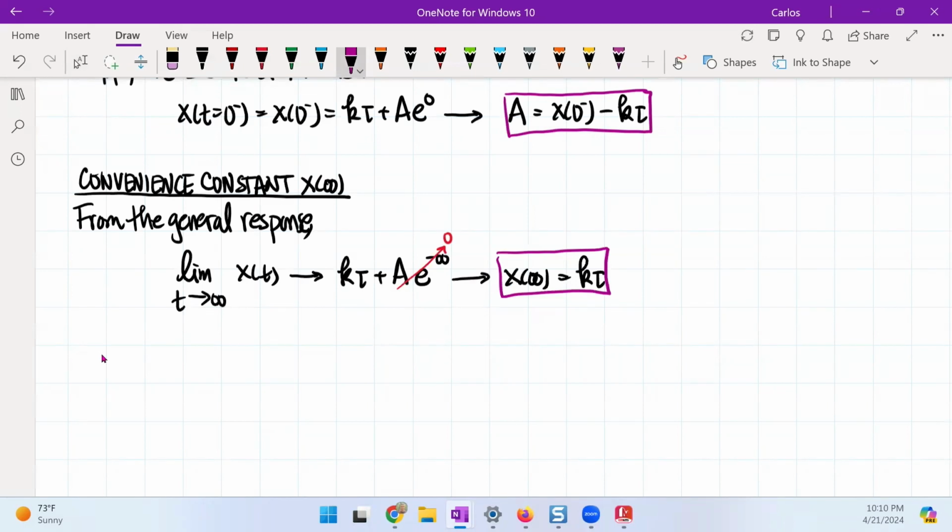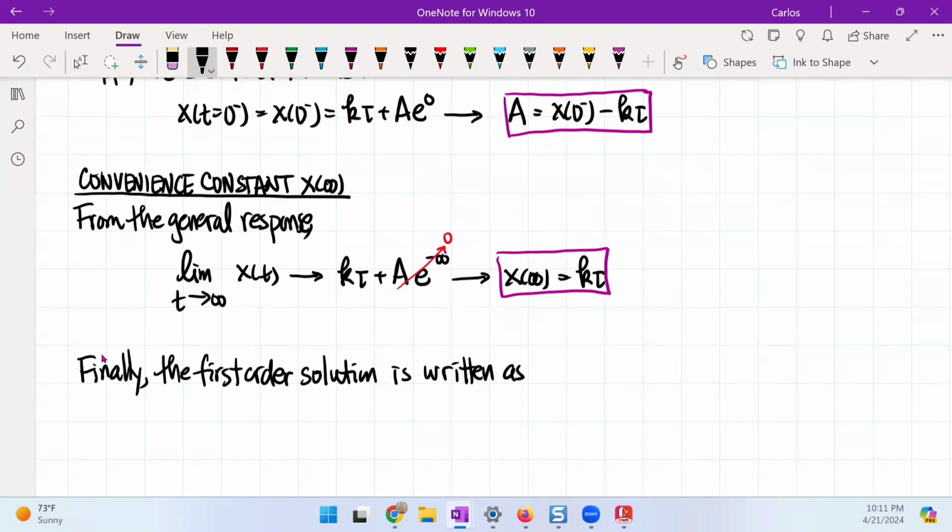So finally, the first order solution is written as x of t, and we saw that we wrote this as k tau plus A e to the minus t over tau.